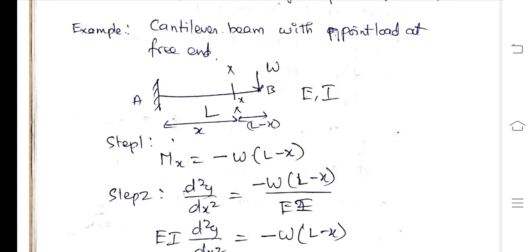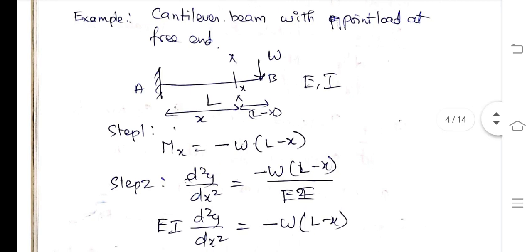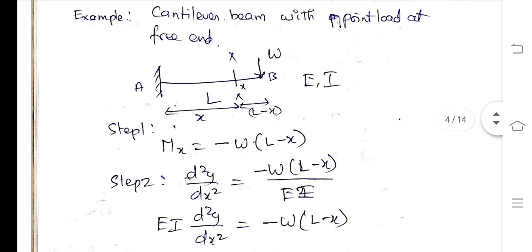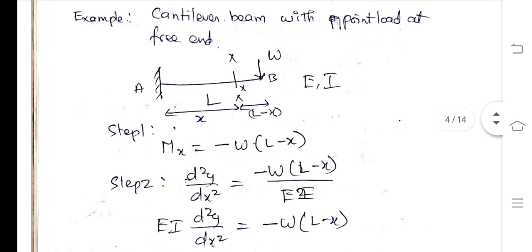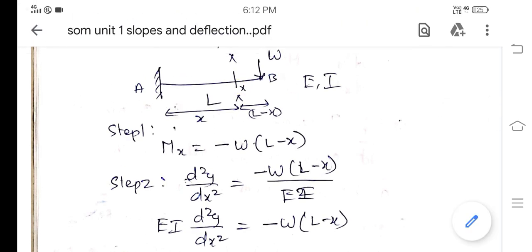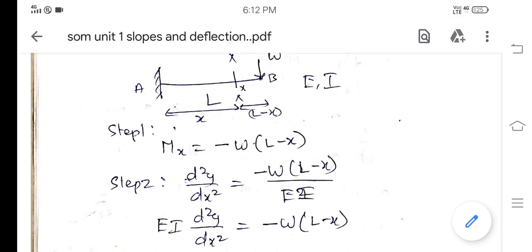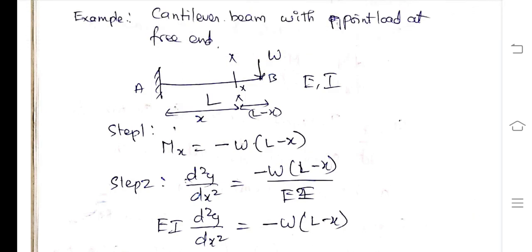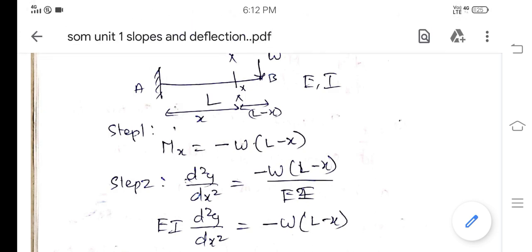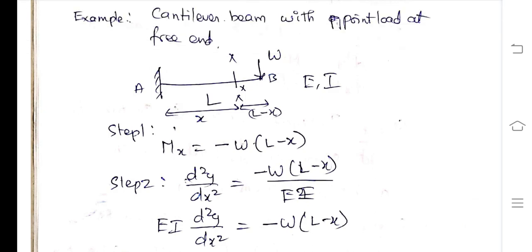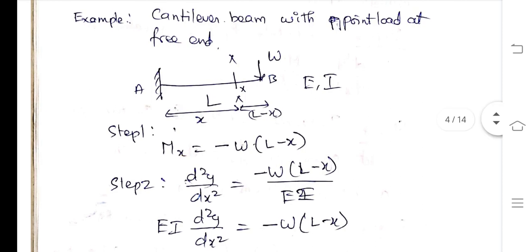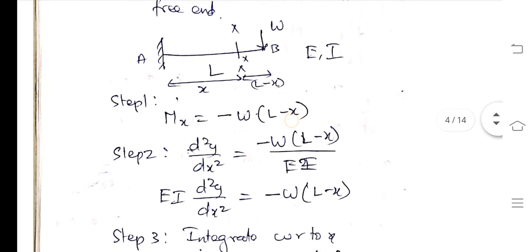The first step is to find the moment value, the moment about this x point. For this x point, I am going to take the left side of x, that is W into L minus x. This is the perpendicular distance L minus x, and W is the load. So the moment is equal to minus W into L minus x.